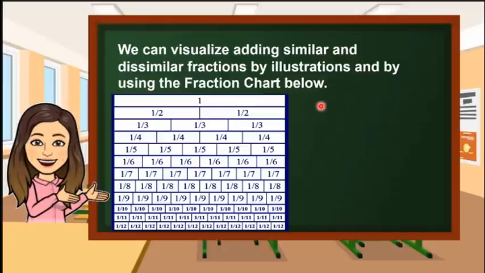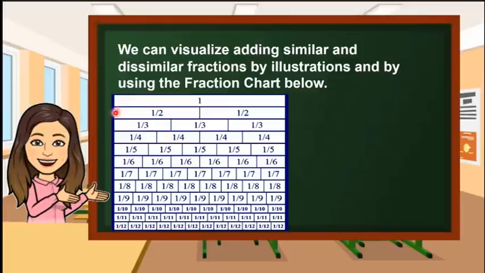For now, let us discuss this fraction chart. Here you can see the top portion, that the part is only 1, right? Then the next one, it is divided into 2. So every part has 1/2 each.